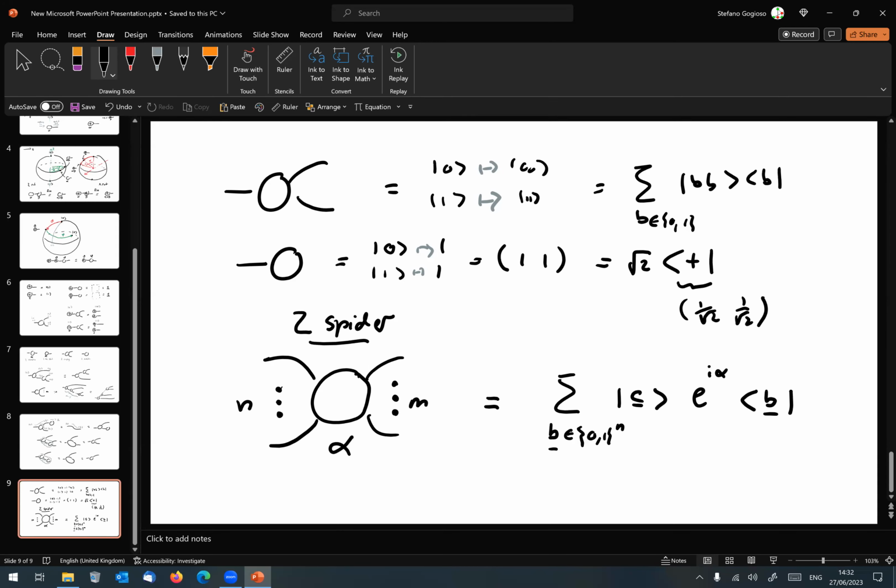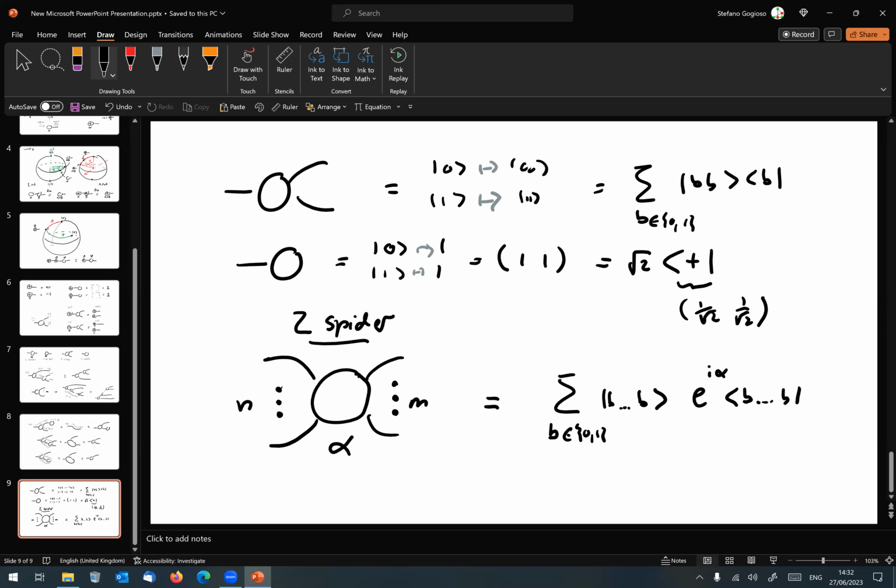And in fact, there are so few of them that they can be written with a single index. It's b in 0, 1. And I will just repeat my b many times. So it's b dot dot dot b here, and b dot dot dot b here. So for example, it's 0, 0, 0, 0, 0 to e to the I alpha 0, 0, 0, 0.